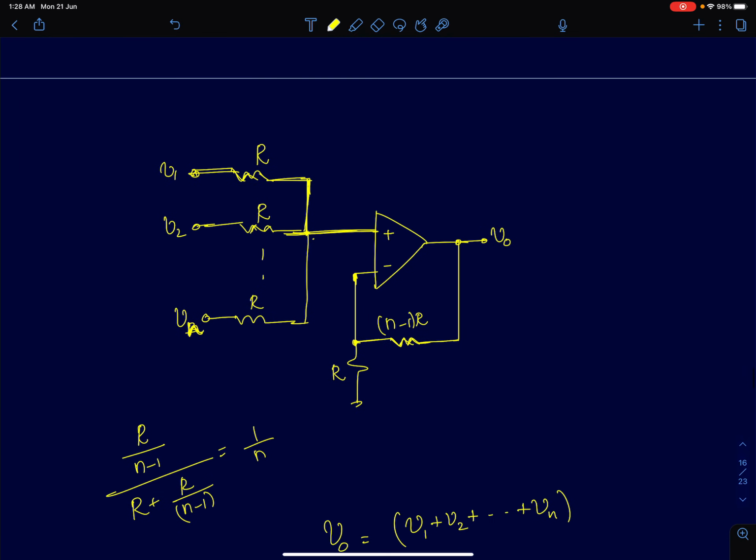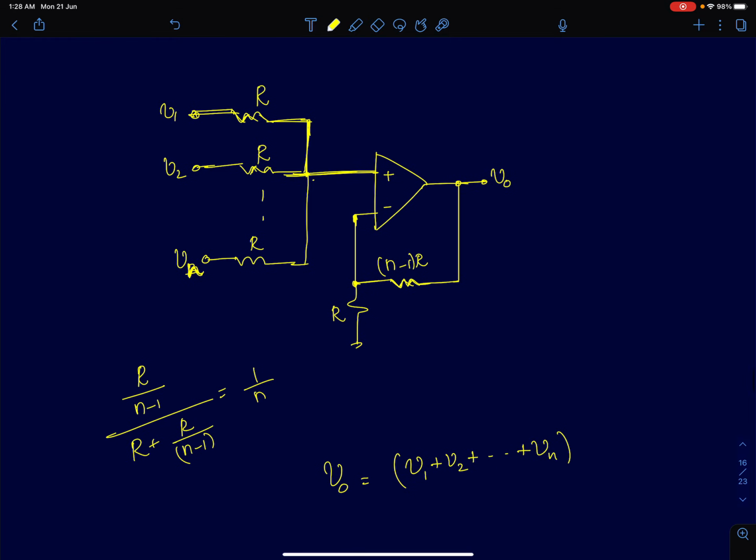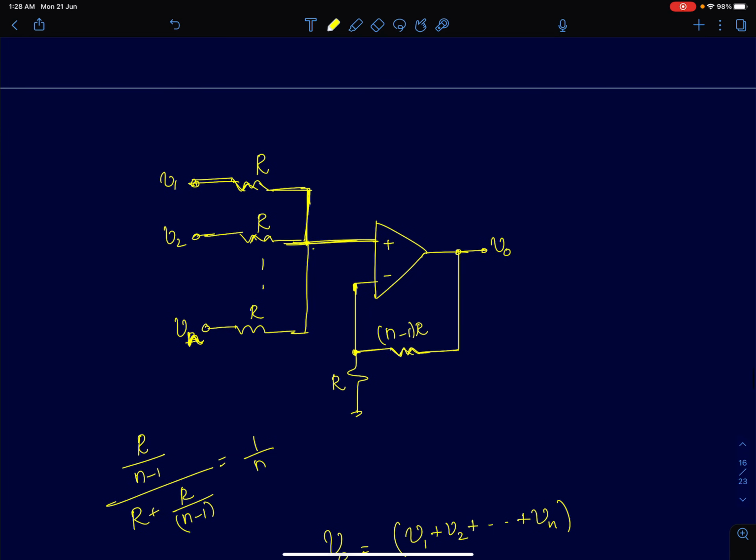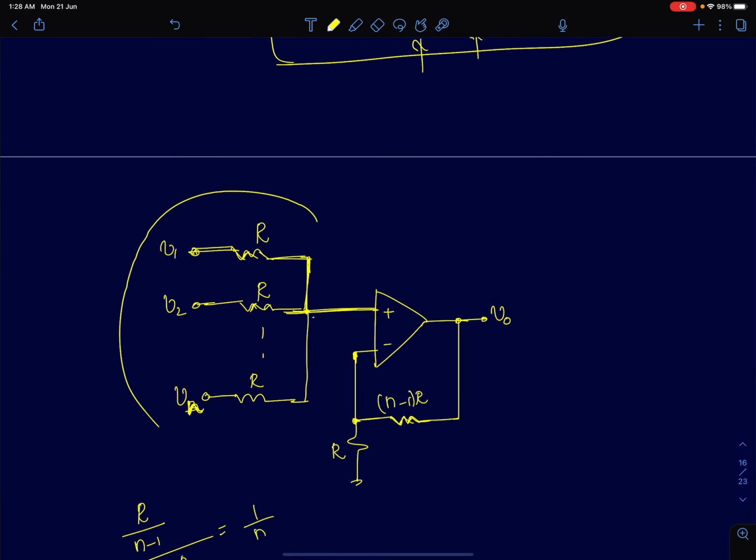Now, to realize a subtractor, I'm just showing another circuit here, which is a non-inverting voltage adder. So that can also be built, and this circuit is built on a very simple principle.